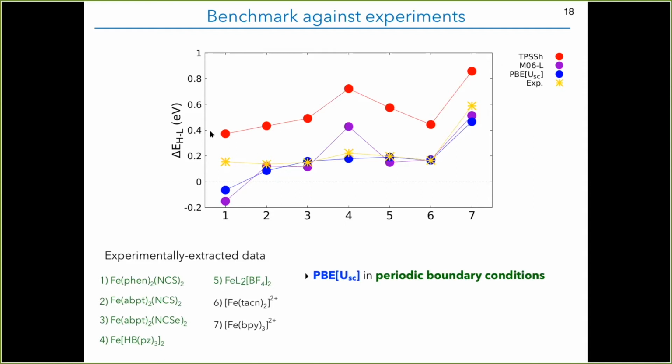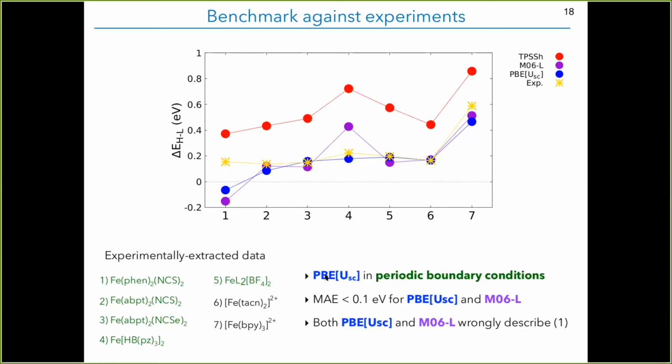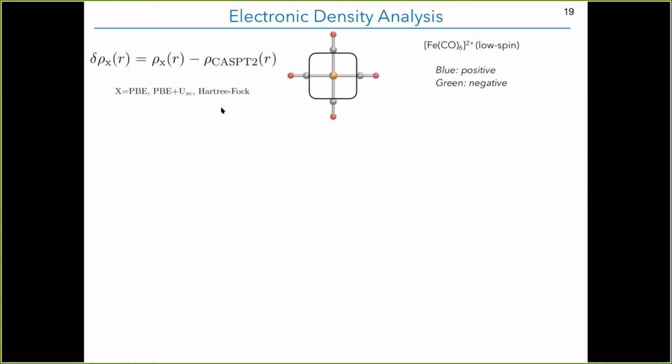As we can see here, TPSSH systematically overestimates delta E, while both the Hubbard-corrected density approach and M06L result in a mean unsigned error smaller than 0.1 eV. Despite this, both methods are not able to capture the correct ground state for the first compound.